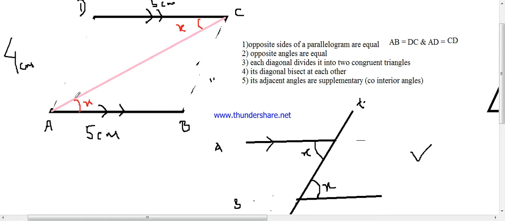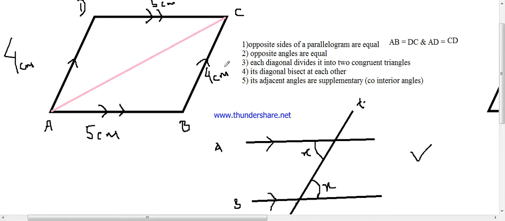This angle X is equal to this angle X, and this pink diagonal acts as a transversal. But in reality, do not forget that there is a line over here. In the same way, if this angle is Y, what is this angle? This angle is also Y.